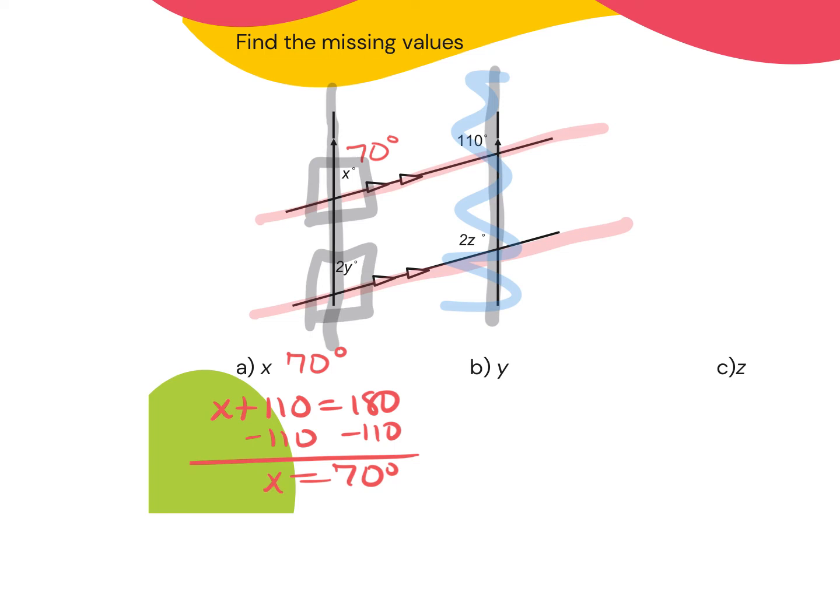And remember, corresponding angles, these are both in the same corresponding position, they're congruent. So I'm going to set up my algebraic equation as 2y equals 70, divide by 2, and y is 35. Because when you plug it back in, you would get 70 degrees.